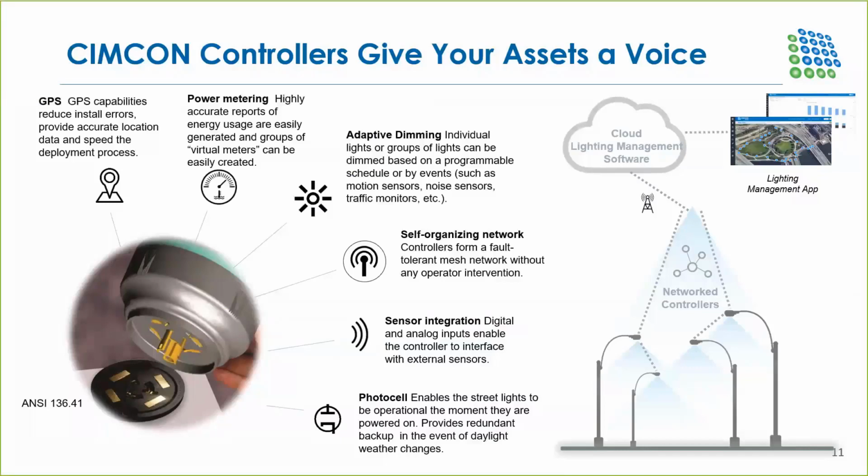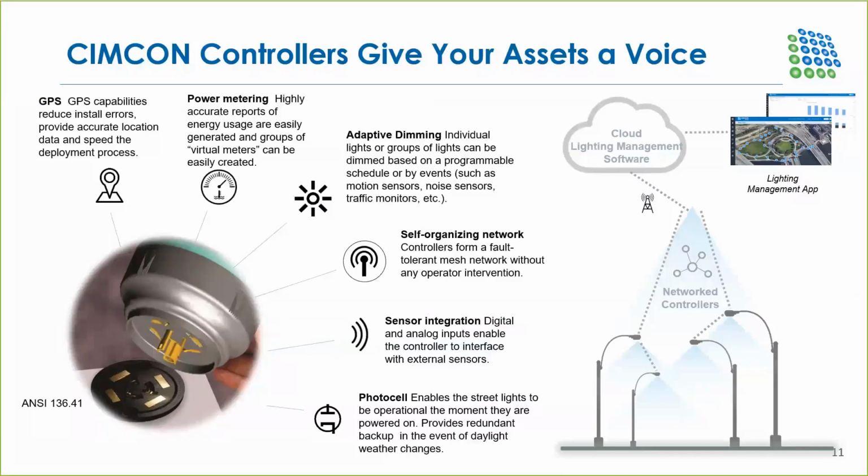But the sensors themselves are tracked through a GPS sensor. It's very accurate. We also have power metering. So if you don't own the infrastructure and you need to monitor your energy sources and consumption for your provider, you can give a very accurate reading of the energy that's being consumed by sensors.